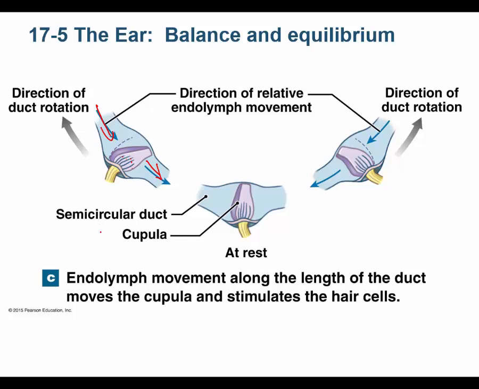That's what it does. When those hair cells bend, they fire. So this is showing you at rest, by the way, and this is showing you the endolymph flowing this way, and this is showing you the endolymph flowing that way. And of course, I have semicircular canals on three different axes, and I have these crista ampullaris in the ampulla of all of my semicircular canals. So I'm picking up all this information.